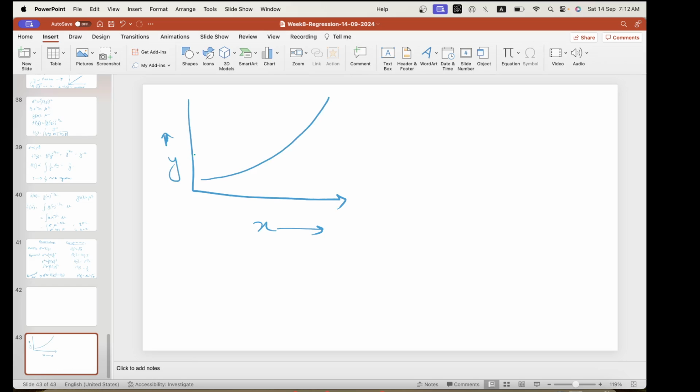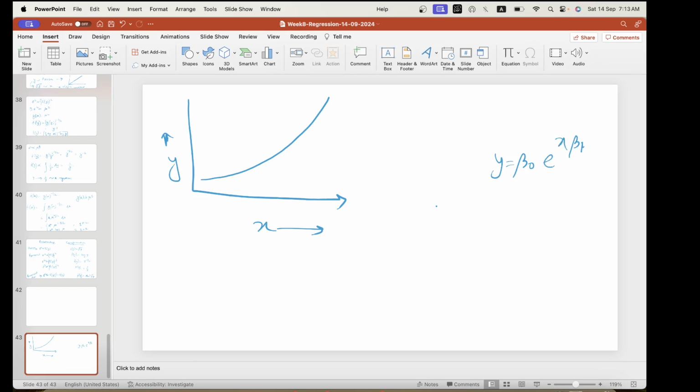Then the underlying relationship between x and y is something like this: y equal to beta naught e to the power x beta 1.